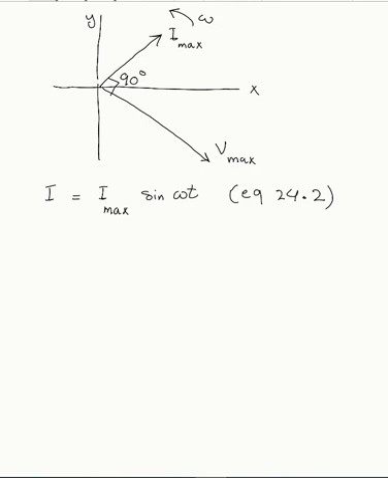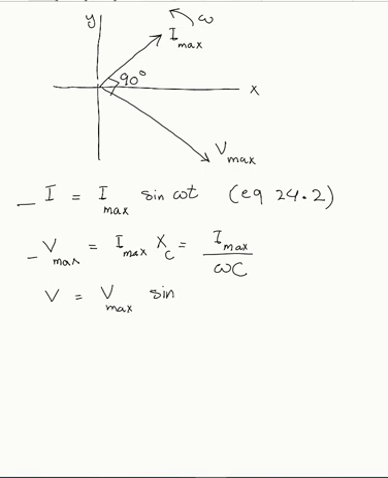Now if I know theta, which means if I know the omega t, then I have the I max, I can find I, and when I find I, then I can find V. Next, I know that V max equals I max times X sub C, which is equal to I max divided by omega C. The third fact that I know here is that V equals V max sine of theta minus 90 degrees.